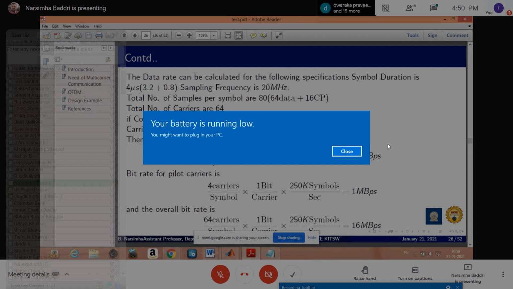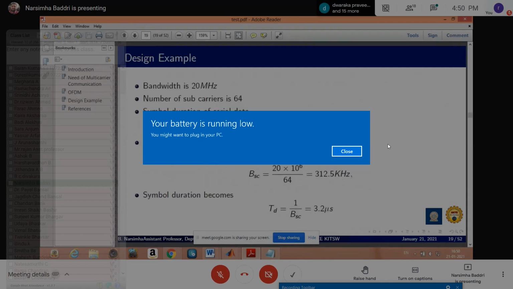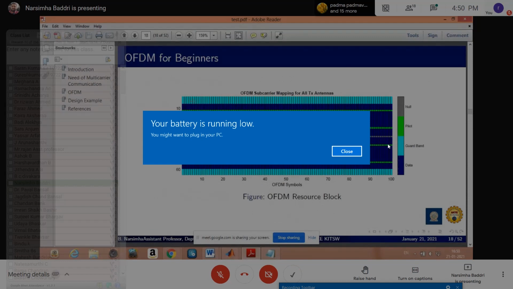Those are the guard bands used at the beginning and end of the frame. The first 5 carriers are unused, including DC, total 6, and the last 6. So these 12 are unused.